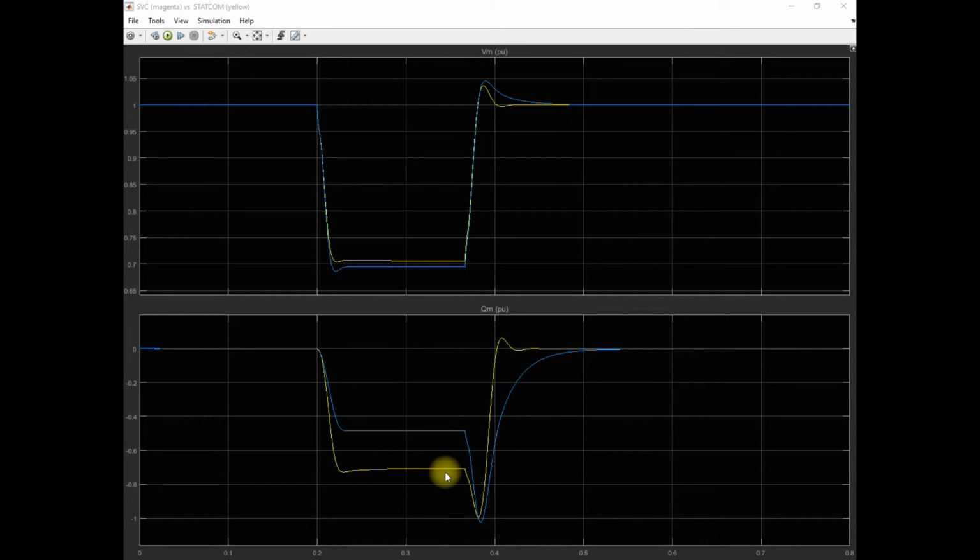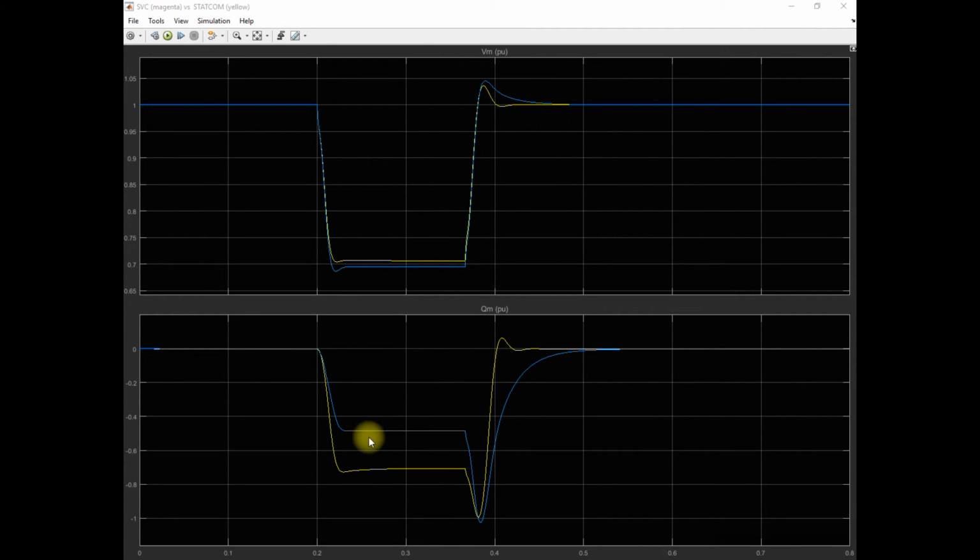So if you observe here, in the SVC power system the voltage reduces below 0.7, but in the STATCOM it does not reduce below 0.7. Clear? In the same way you can see it in the reactive power.